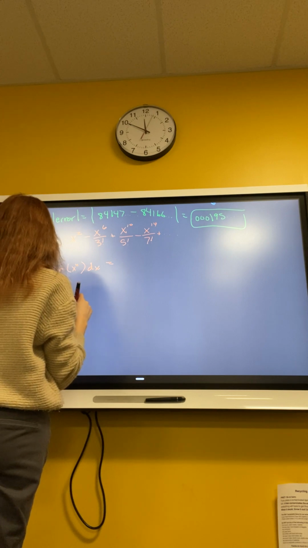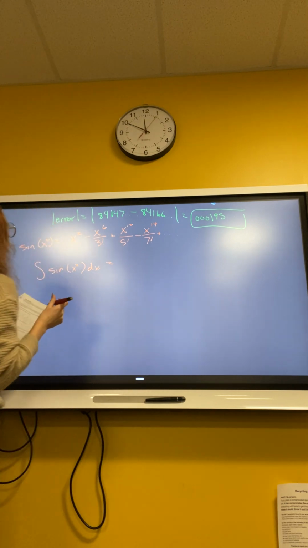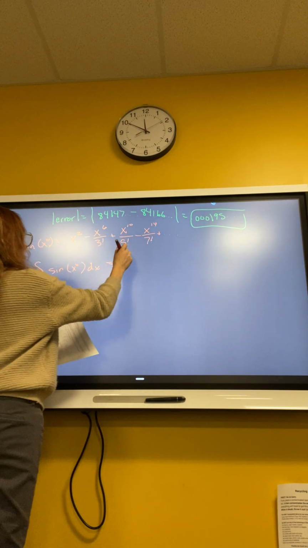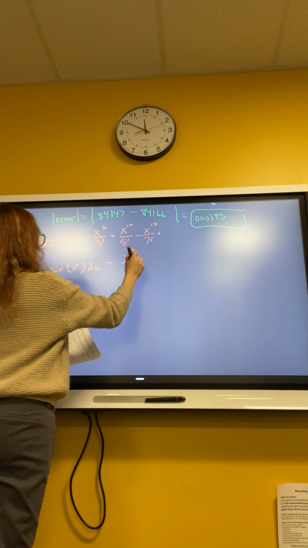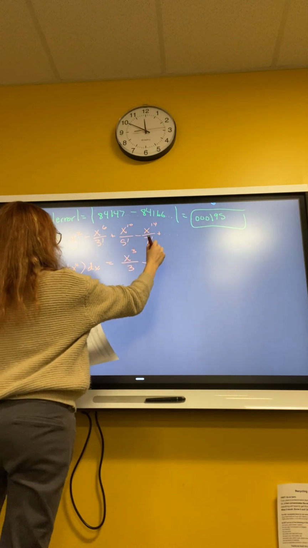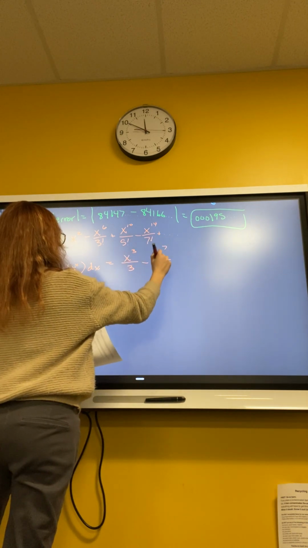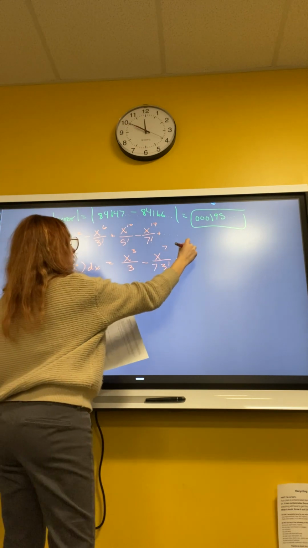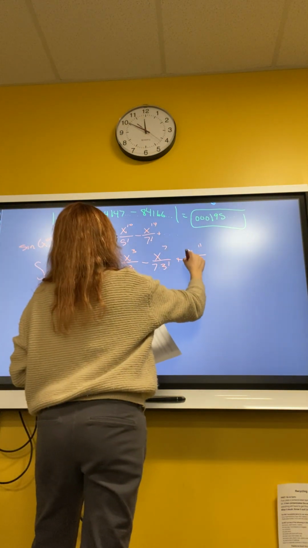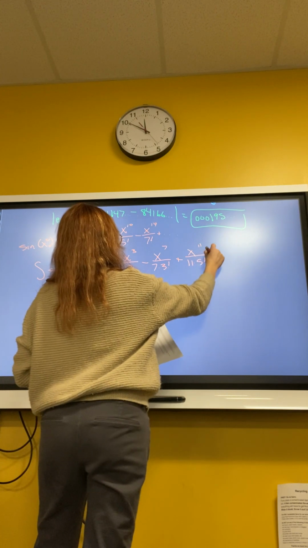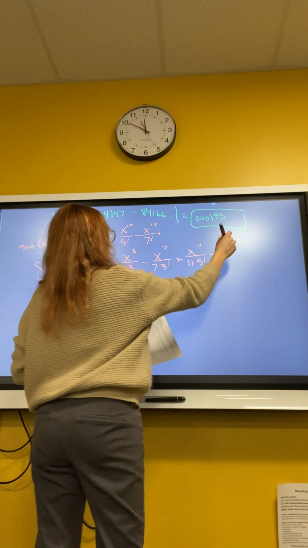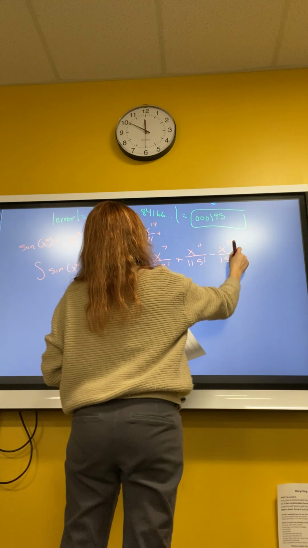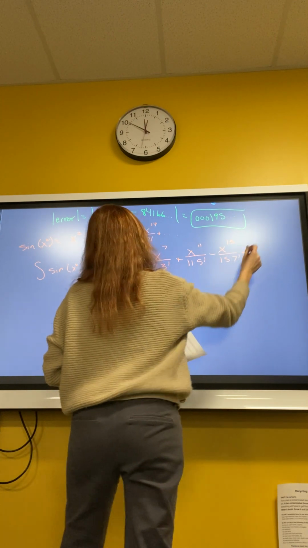Okay, so in series form, this would be x cubed over 3 minus x to the 7th over 7 times 3 factorial, plus x to the 11th over 11 times 5 factorial, and so on.